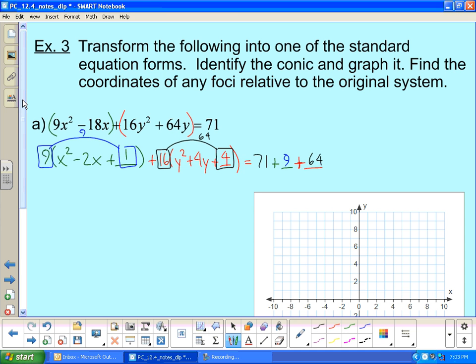All right, now we can say 9 times x minus 1 squared plus 16 times y plus 2 squared is equal to 80 plus 64, which is 144. Okay, it looks like we're going to end up with an ellipse here because I've got x squared plus y squared. All right, we keep going now. Keep trucking along.